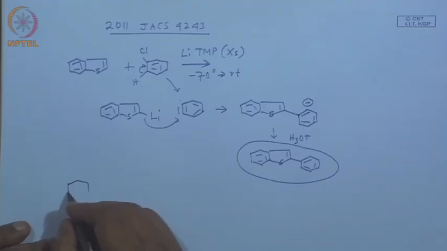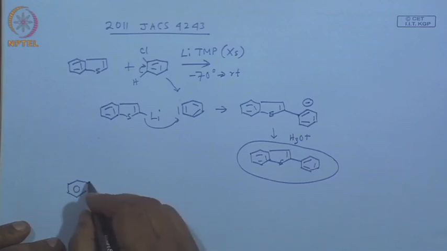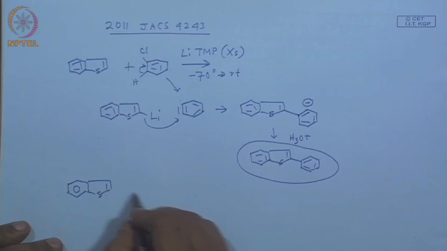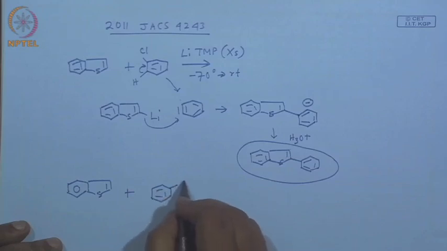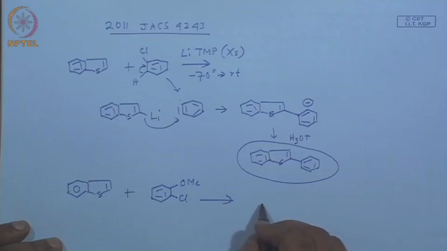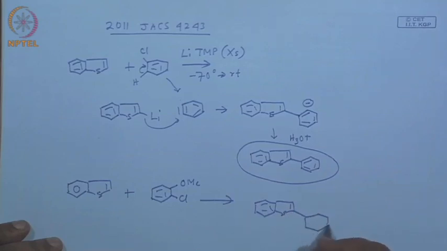For example, the next example would give you a lesson. You have to find out the lesson here. What is the lesson you learn if these two components are reacted under the same conditions and the product that is obtained is this?